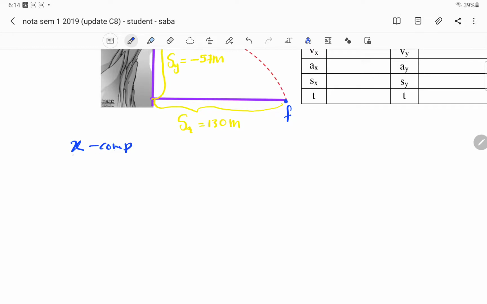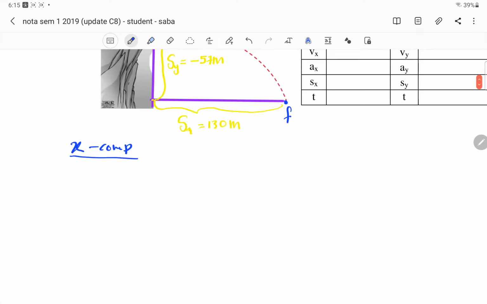X component, dia punya konsep adalah constant velocity at any point along the path travel. So kita boleh apply formula yang daripada form 4 kita belajar. V is equals to S over T. Because of X components, so kita spesifikkan formula ni V in X component, displacement in X component.